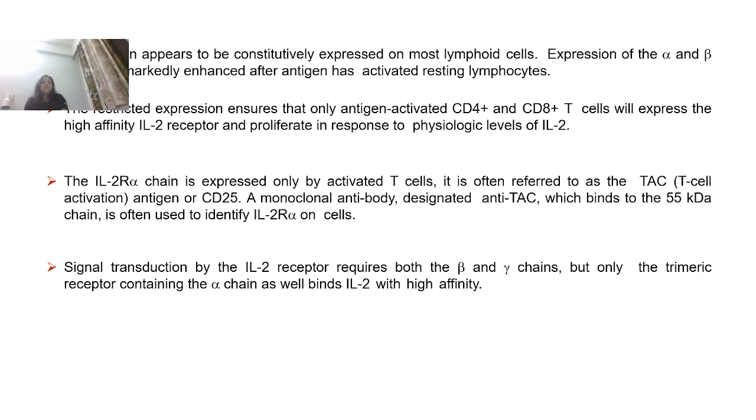You can use this CD25 to see that this cell is activated, meaning it has already been exposed to the antigen. So using different kinds of antibodies, as I already told, you can identify the presence of cytokines in any kind of sample by a technique which is FACS, or fluorescence activated cell cytometry. By using that technique, you can use antibodies and isolate cells which have a specific marker on their surface.